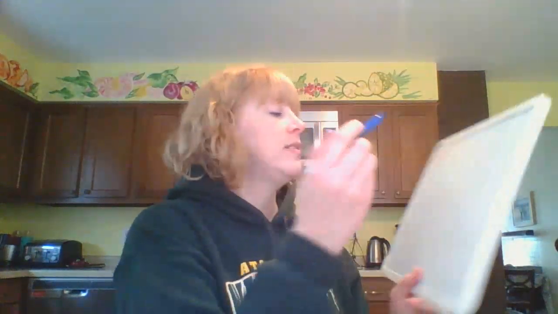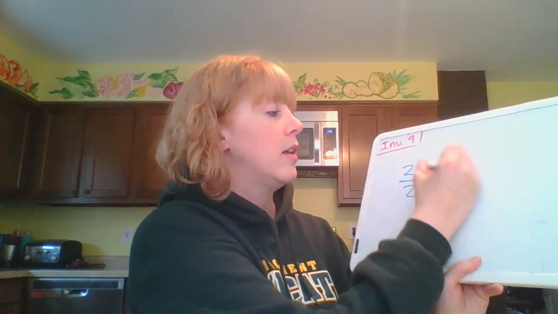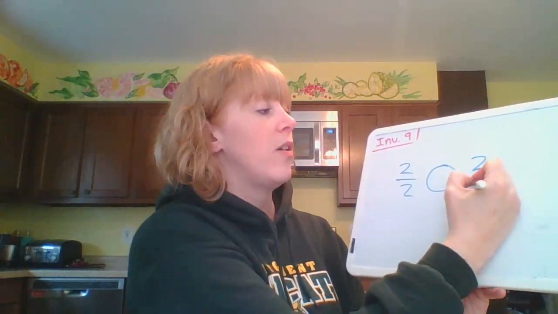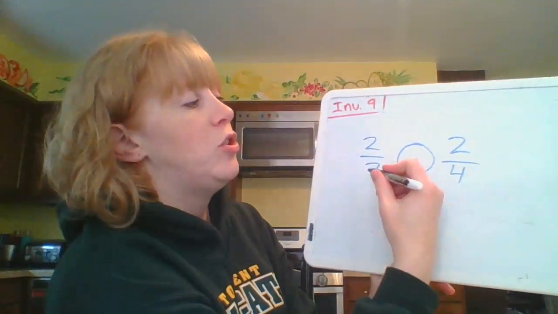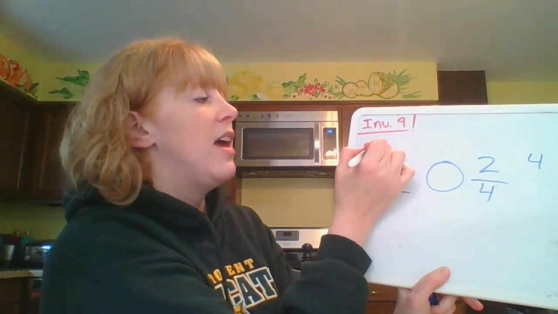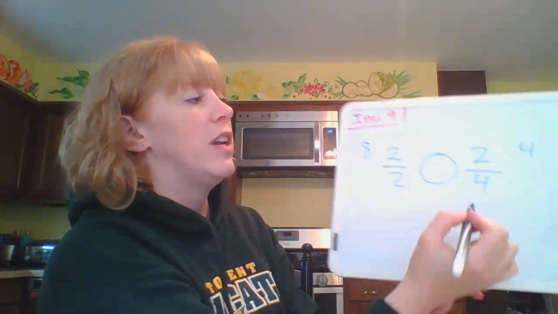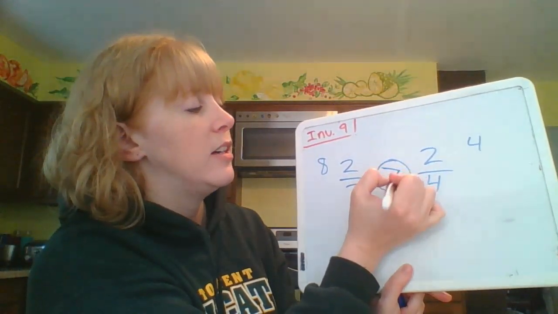So 2 halves compared to 2/4. Now, if I do 2 times 2, I've got a 4 over here. If I do 4 times 2, I've got an 8 over here. Which one's larger, 8 or 4? 8 is larger.